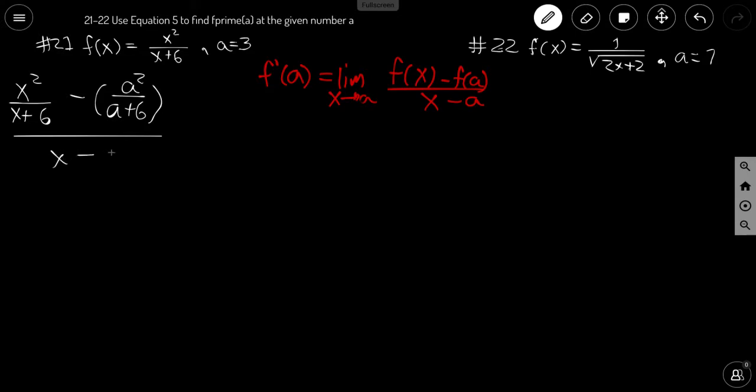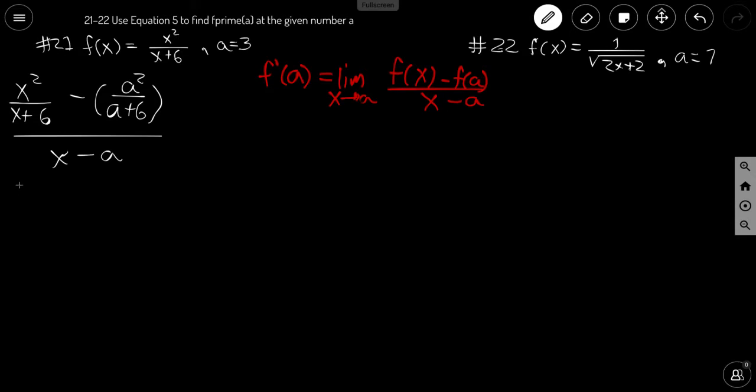And then hopefully by the end of it, we'll be able to somehow cancel out the x, and then we'll plug in a for 3, and then we'll get a number. So let's start by getting a common denominator for the numerator.